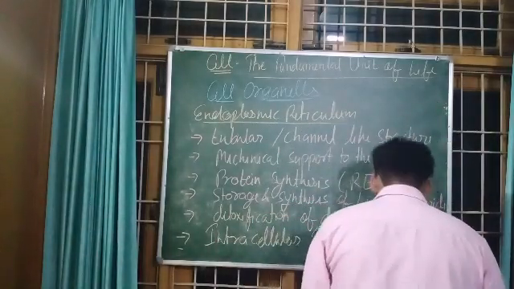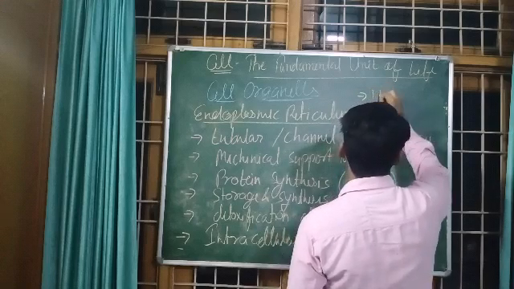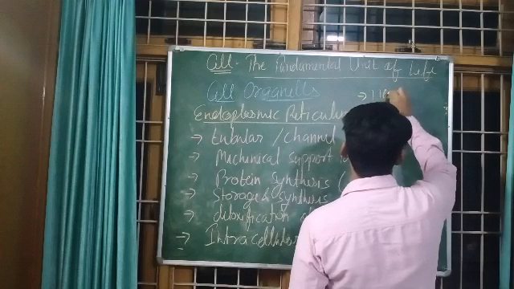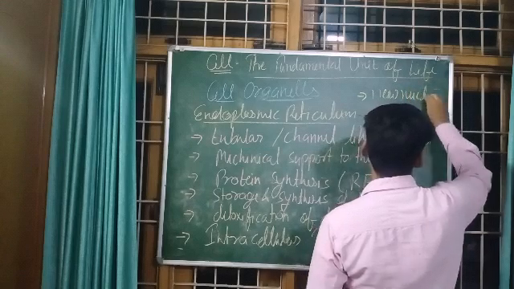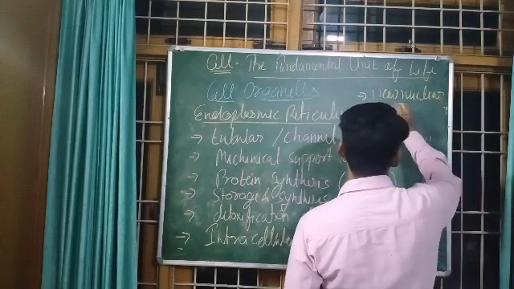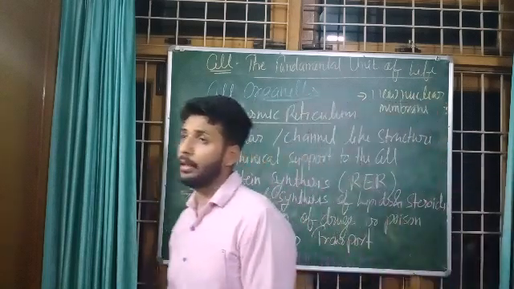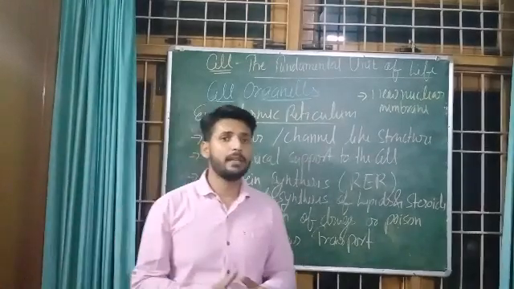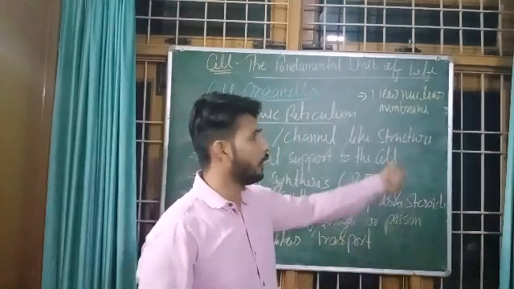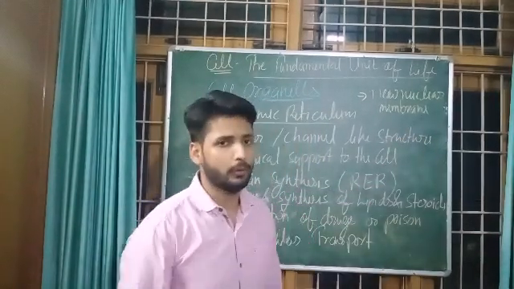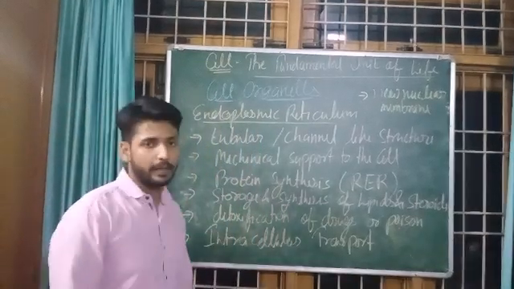We are not having much space, so here I am writing forming new nuclear membrane. Actually, at the time of cell division, when the nucleus is divided, the new nuclear membrane is formed by the endoplasmic reticulum only. So these are the various functions performed by the endoplasmic reticulum.